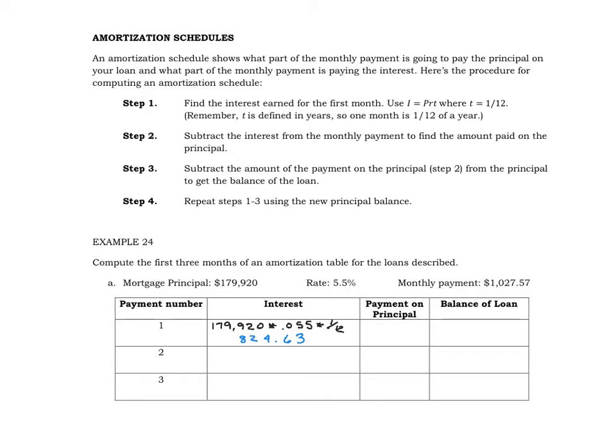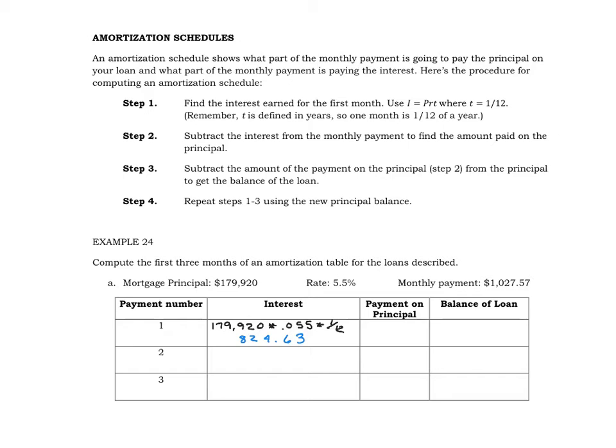This is the interest paid for borrowing that amount of money at the 5.5% for 1 month. Okay? And so step 2, subtract the interest from the monthly payment to find the amount paid on the principal.